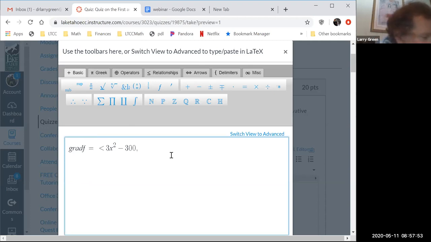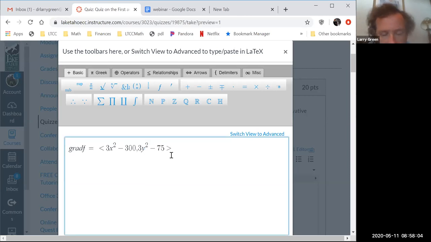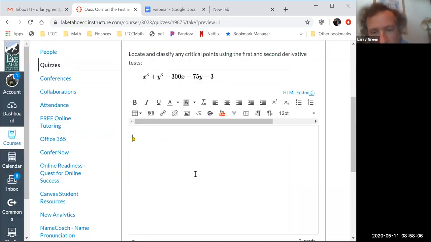Comma, and then you do the same idea for y, and you get 3y squared minus 75. Any questions on that?